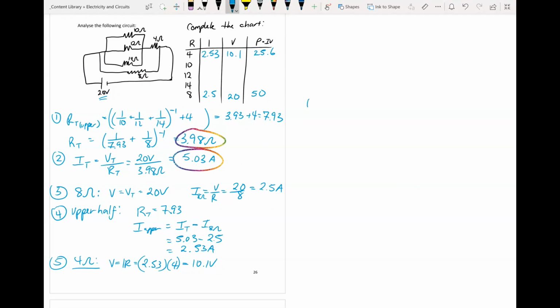So the next thing we're going to do is try to figure out the parallel circuit one. That's 10 ohms, 12 ohms, and 14 ohms. We need to find the potential drop for that parallel circuit portion of it, and then we also need to find the current that runs through each resistor. So we're going to find V in the parallel section of the circuit.